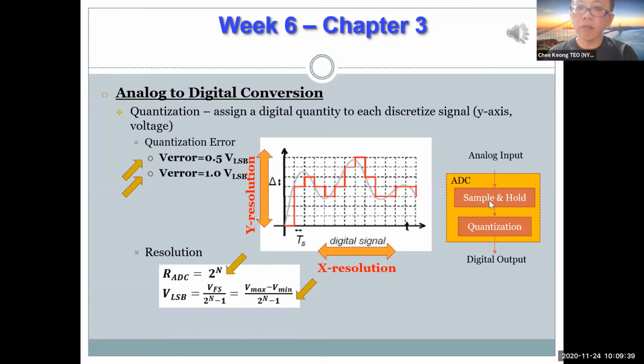So we have to follow the Nyquist-Shannon theorem quite strictly. And then, of course, we let the circuitry have enough time to do the conversion from the analog level to the respective digital level, right? Quantization is this conversion of the analog level to the digital representation. Okay, so that is for ADC.